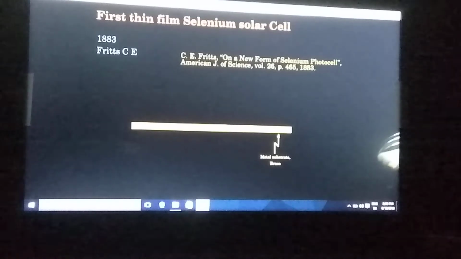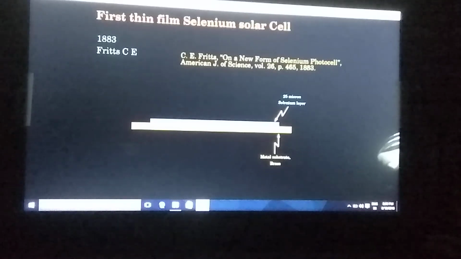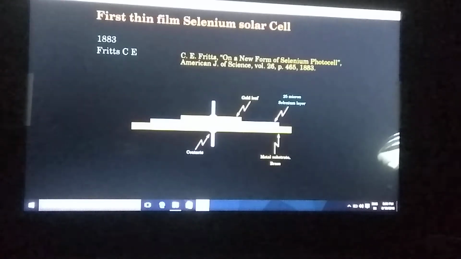He used brass, 25 micron selenium layer, molten selenium pressed in between two metal sheets, and the top layer was a gold leaf, a very thin semi-transparent gold layer, to which were attached the two contacts to which the external circuit could be connected.